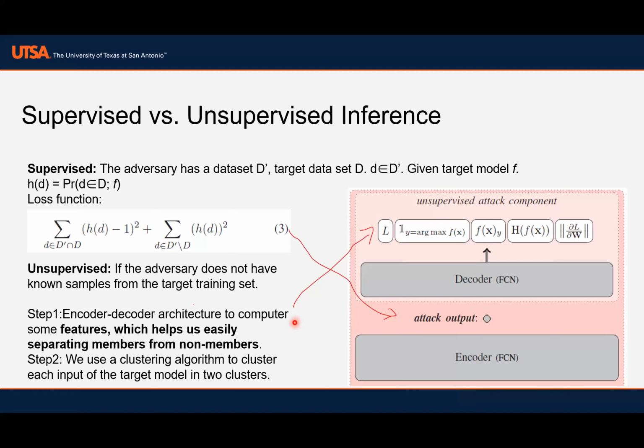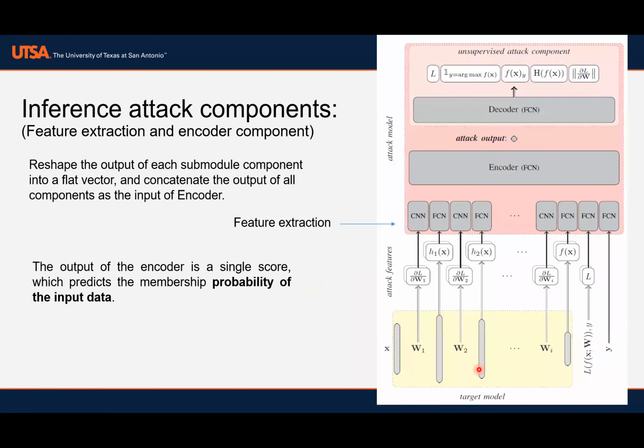I think here we have a target model. The inputs of the target model have the same distribution, but the subgradient of the activation functions may be different for the training data set and the non-training data set.